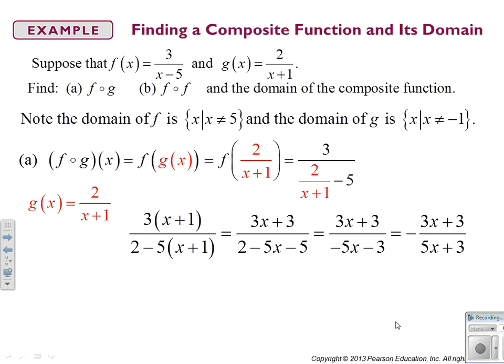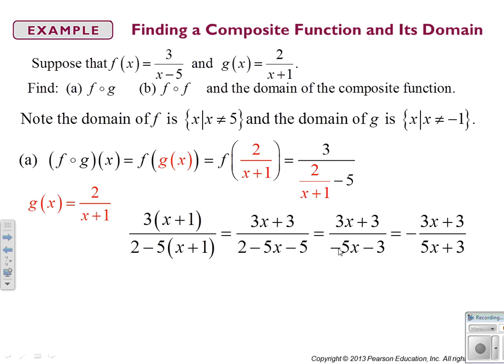Then we do some simplifying algebra. We multiply everything by x plus 1, and we get 3 times x plus 1 on top, and 2 minus 5 times x plus 1 on the bottom. We distribute out the 3 and the -5, so we get 3x plus 3 on the top, 2 minus 5x minus 5 on the bottom. We combine 2 minus 5 and get -5x minus 3.